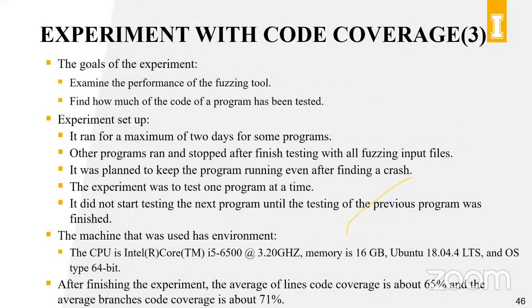The goal of this experiment is to examine the performance of the fuzzing tool and find how much of the code of a program has been tested. It runs a maximum of 2 days for some programs. Other programs run and stop after finishing testing with all the fuzzing inputs. The plan was to test one program at a time, and it took about 2 or 3 months.